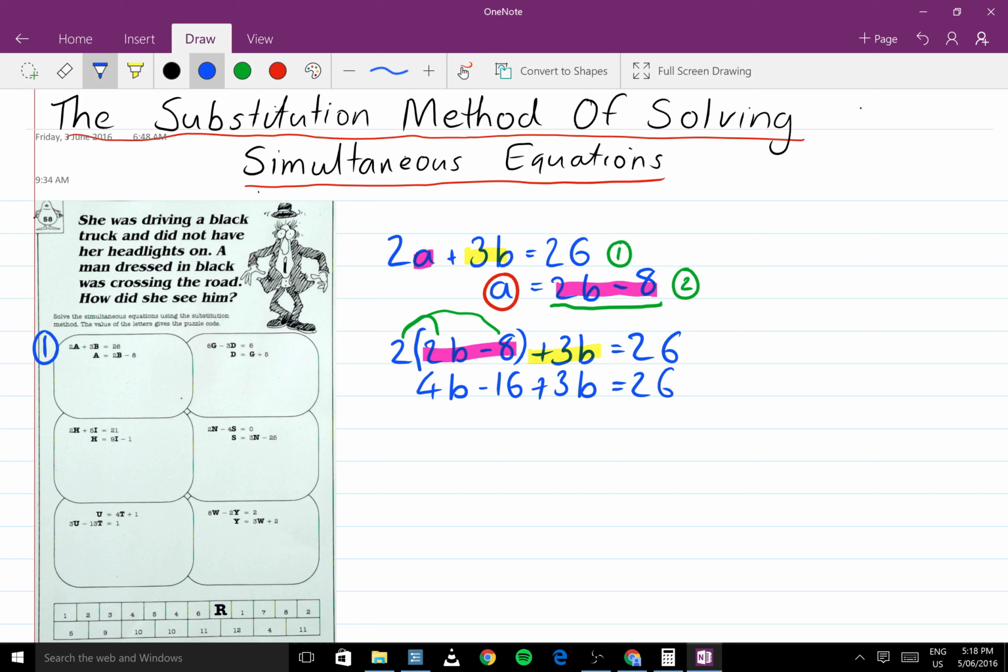Okay, so now I've got 4b minus 16 plus 3b equals 26. So my job is to use my power of like terms and just go, 4b and 3b I can add together.